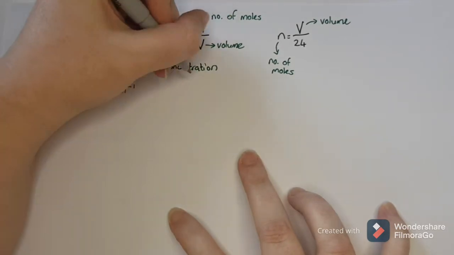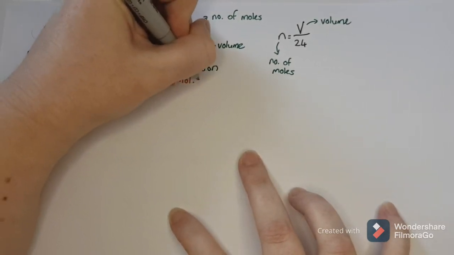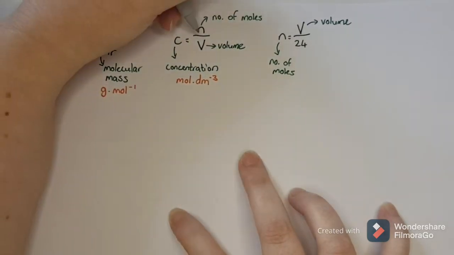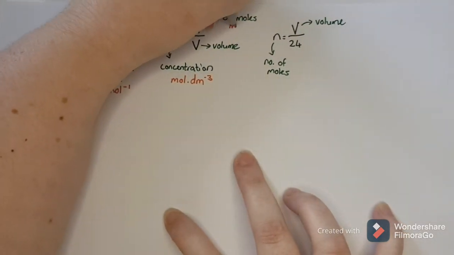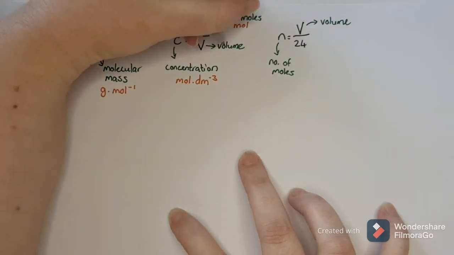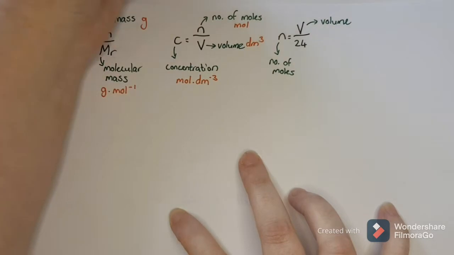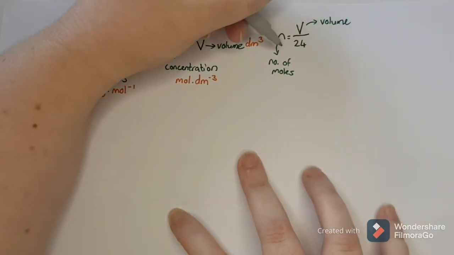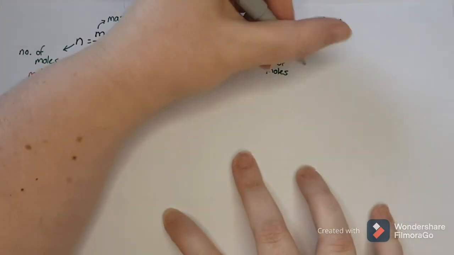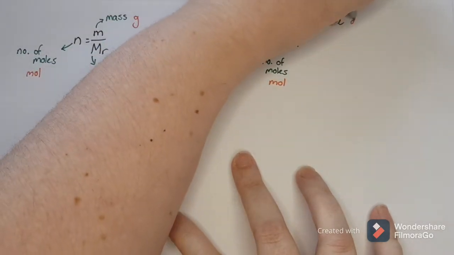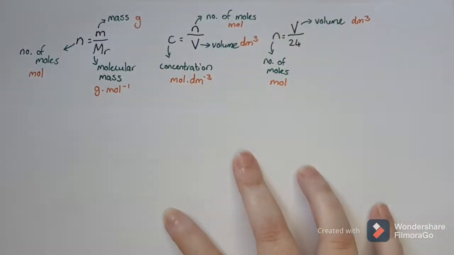Concentration is always measured in moles per decimeter cubed. Number of moles is always measured in moles, and then volume is always measured in decimeters cubed. And then our number of moles here is also moles, and our volume over here is decimeters cubed.